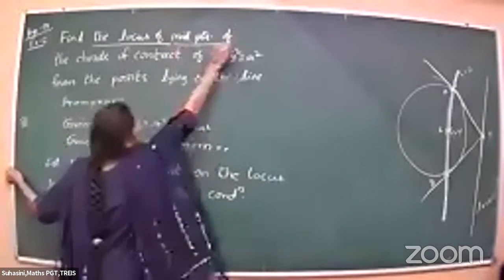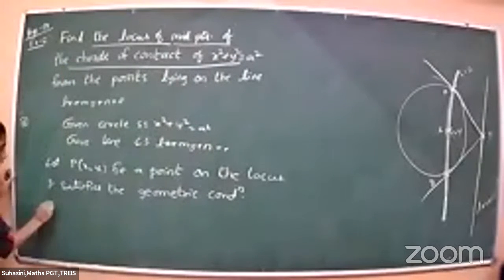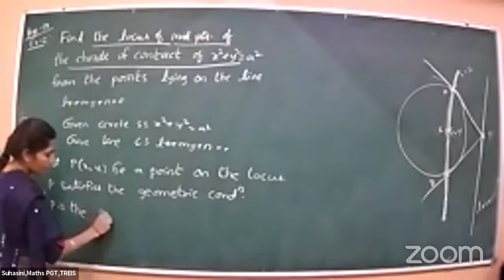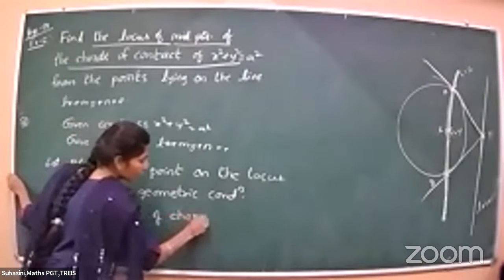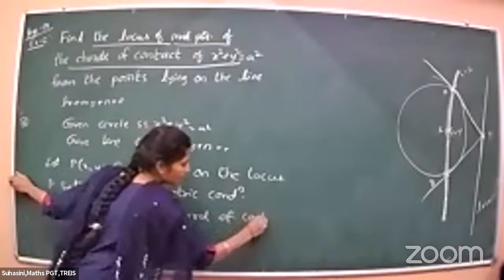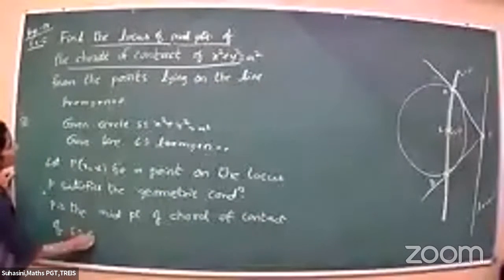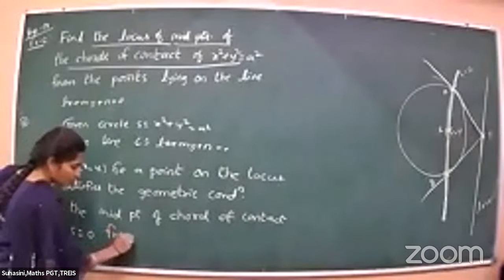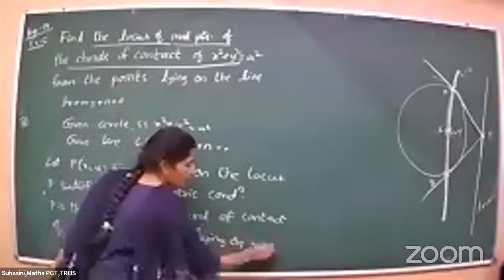That P is the midpoint of the curve of contact of S is equal to 0 from the points lying on the line L is equal to 0.